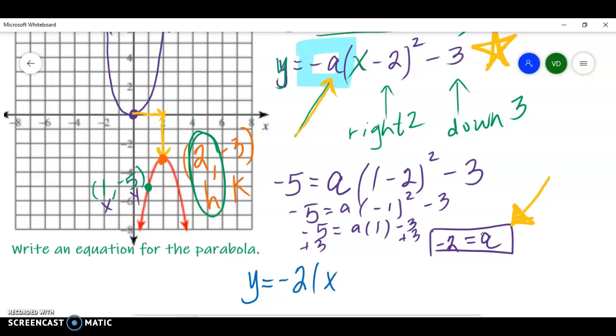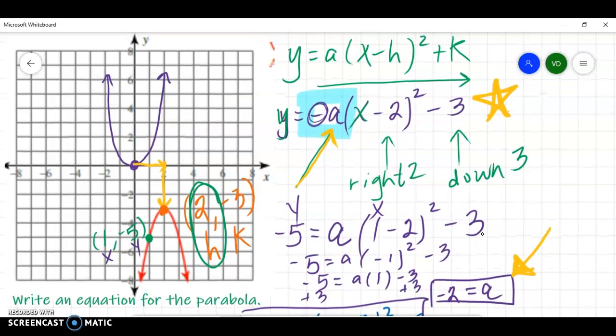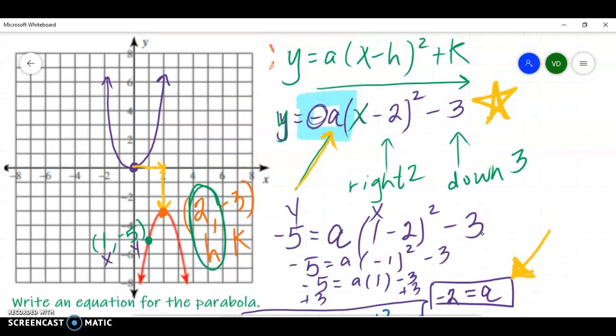Everything I had already there is still correct. And there is my final answer, with the A value included. After we plugged in for that X and Y, we solved for A. Remember, I don't want to include that negative sign, I want to use just the regular vertex form to plug in.